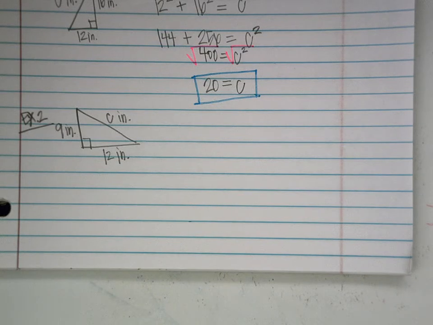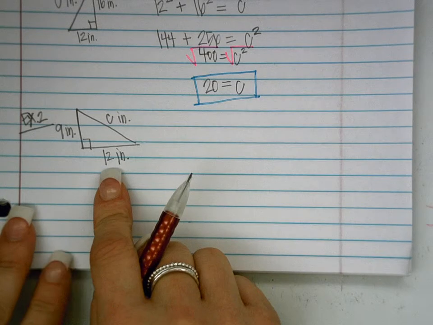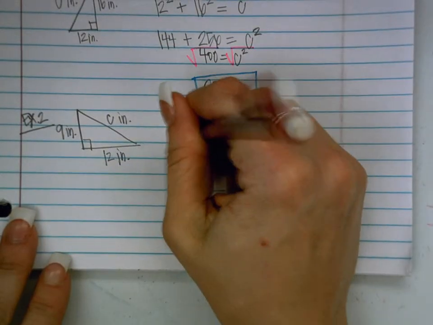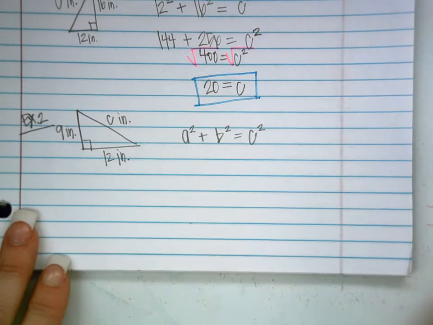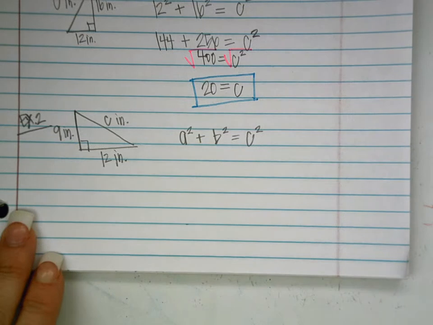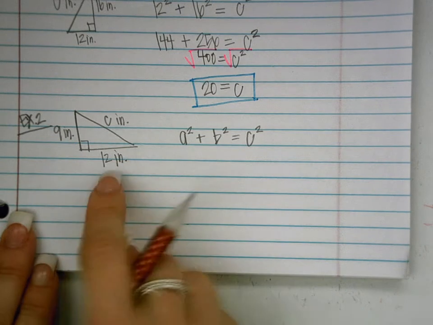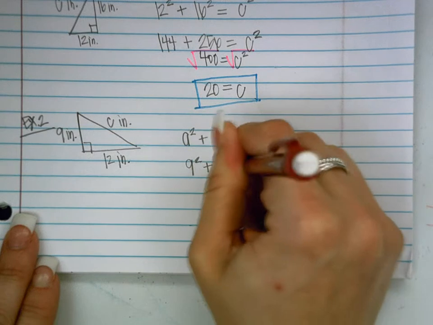Thank you. So again, we're going to set up an equation. We're going to set up our a squared plus b squared equals c squared. And then we're going to substitute. What would you plug in for a and b? 9 and 12. So 9 squared plus 12 squared equals what?